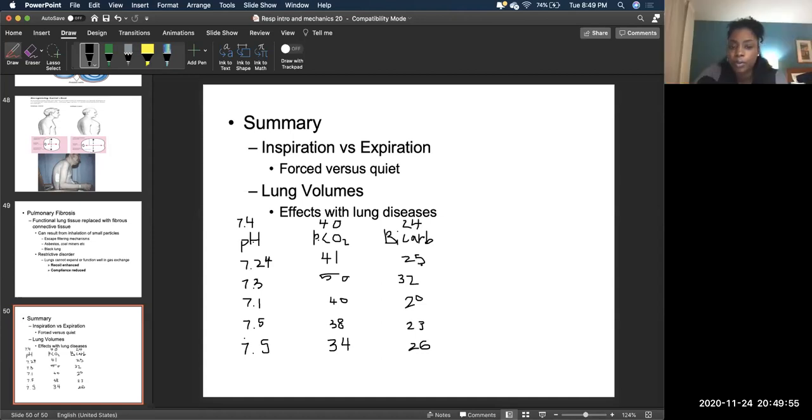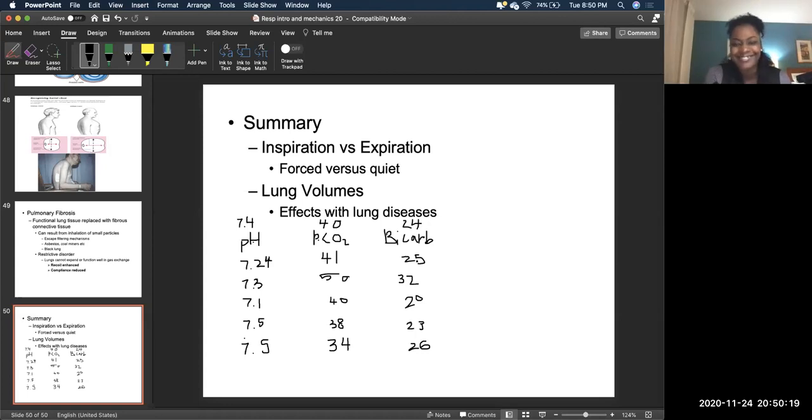Okay, so normal would be 40. Anything above 40 is going to be more, anything less is going to be less. Exactly. So if it's above 40, even by 1, it's elevated. So what does elevated CO2 do?